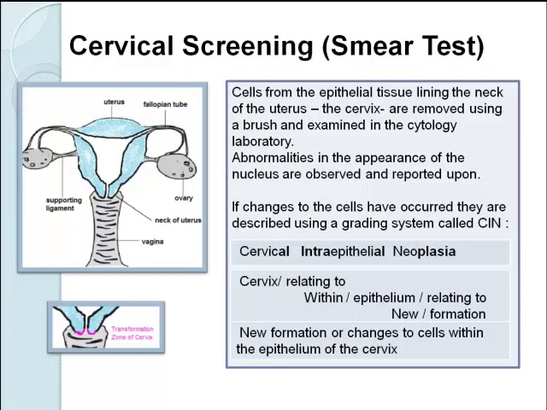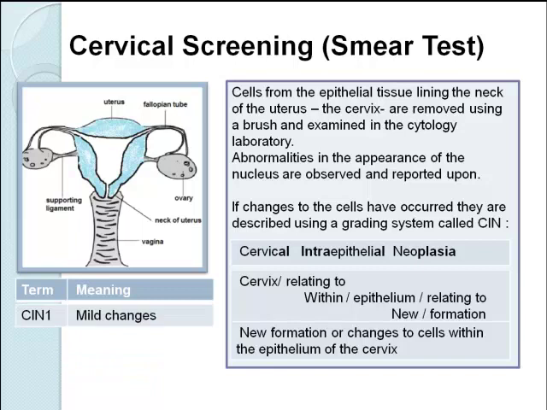Let's look at the words and the terms used for the different levels of changes. CIN1 refers to mild changes, and if a lady has the result of a CIN1, the doctor may say, come back in a few months' time to have a repeat smear. A lot of the time, these mild changes revert back to normal and there's nothing to worry about.